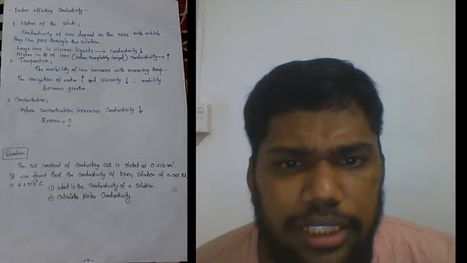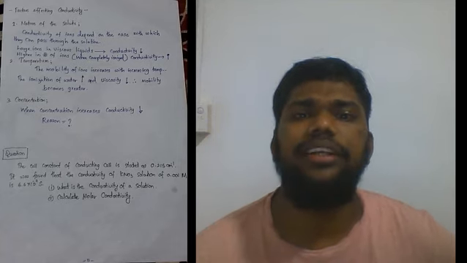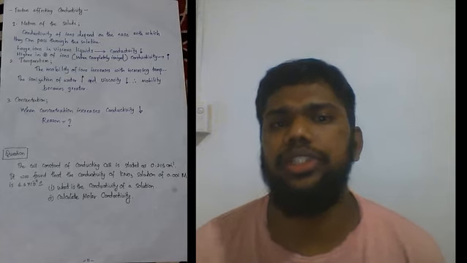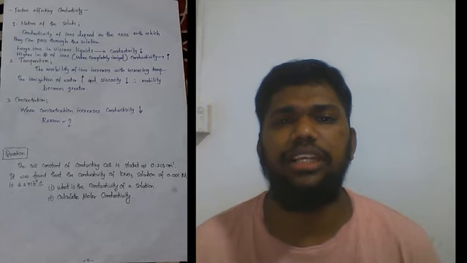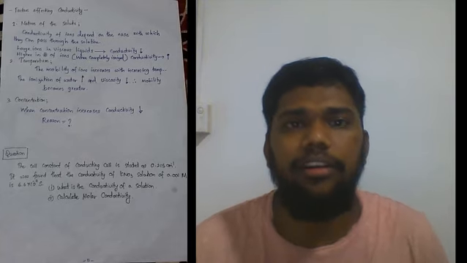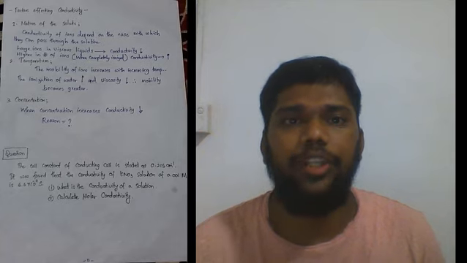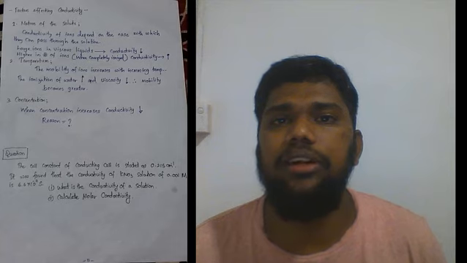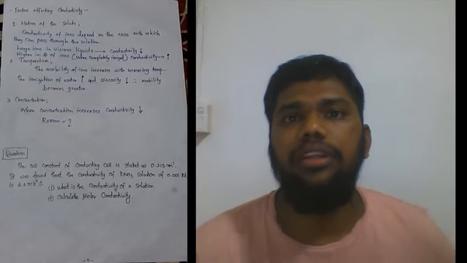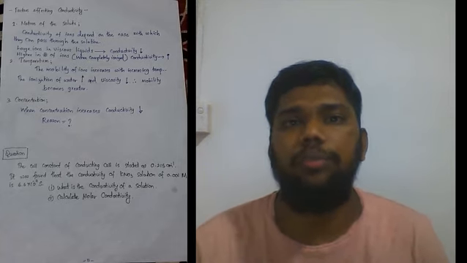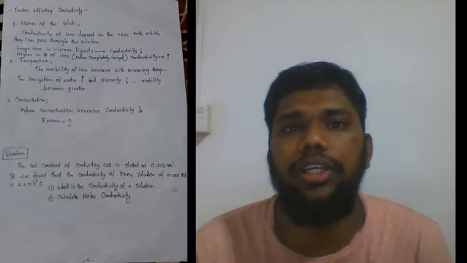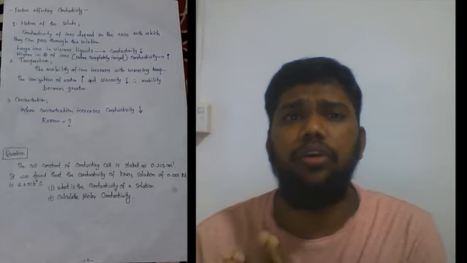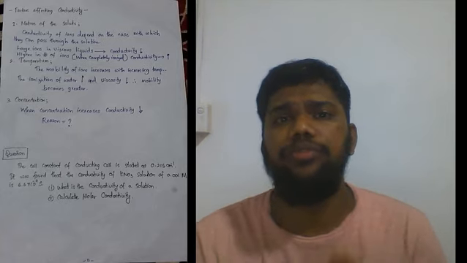The final thing is concentration. When concentration increases, the conductivity is reduced. You might have misunderstood this concept. You might think that when the concentration is high, there will be a higher number of ions, so the conductivity should increase. But this is not always correct. When you are performing electrolysis, anions go towards the anode and cations move towards the cathode.